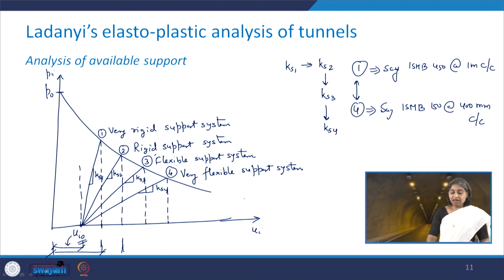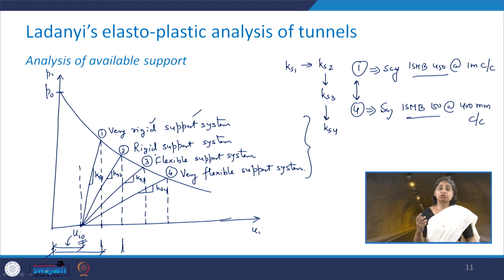So depending upon what type of support system it is, we can choose the appropriate cross section corresponding to different types of steel sets. It is not only the steel set that we can have, you can get different thickness of shotcrete or maybe different types of rock bolts.